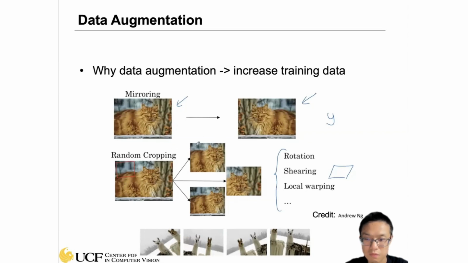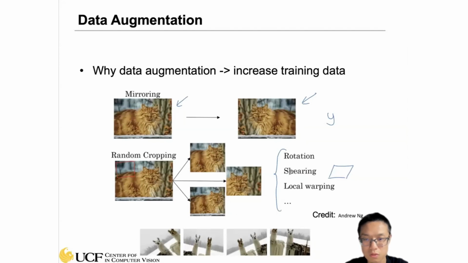So here I list a couple of them. So this is the mirroring procedure that takes the image and does the mirroring, right? So you generate another image, and you can do random cropping, right? So basically you crop a small region, and the size can vary as well, right? You have a larger size or smaller size to crop, and you end up getting more images corresponding to the same object, right?